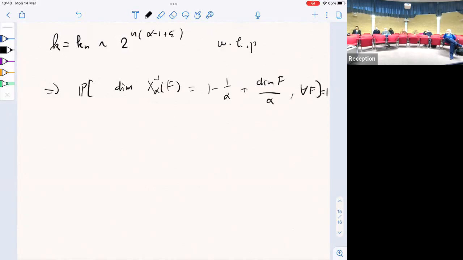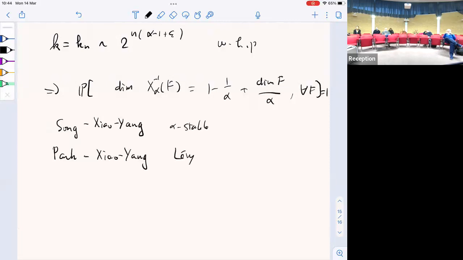So a uniform dimension result is obtained, and this is due to Song, Xiao, and myself, and this whole covering argument was new. Later on, together with Hongzhou Park and Yimin Xiao, we did the Lévy case, so the alpha stable case is due to the first paper.